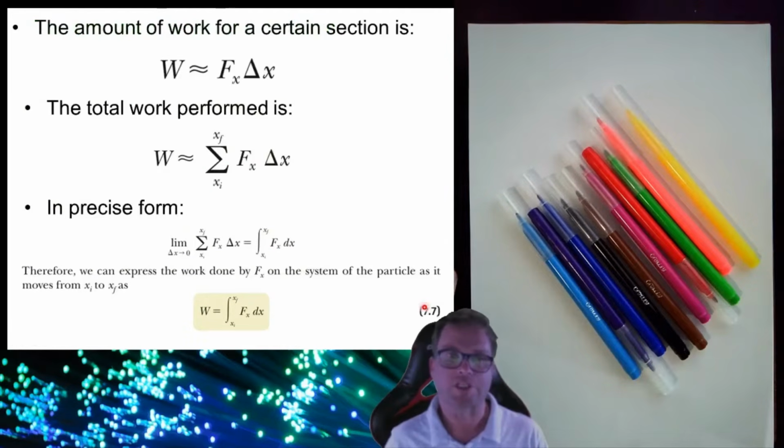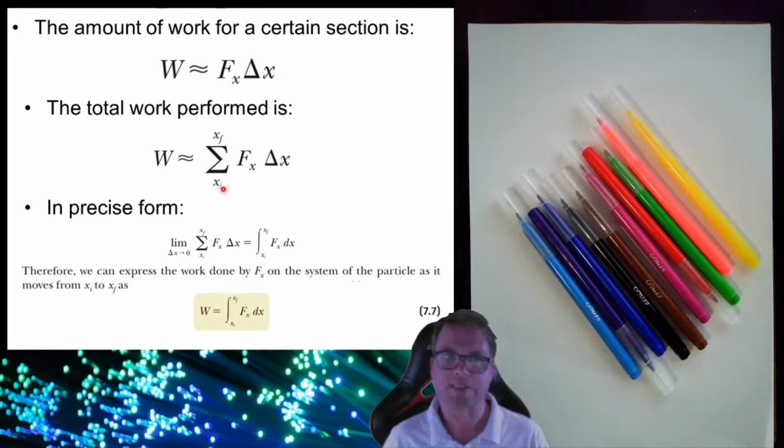When it comes to calculating the total work done, you can see the amount of work done for one given section is going to be given by f of x, the y value on the graph, multiplied by the width of this little box. And the total work performed is given by this expression here, where we make use of the summation sign.